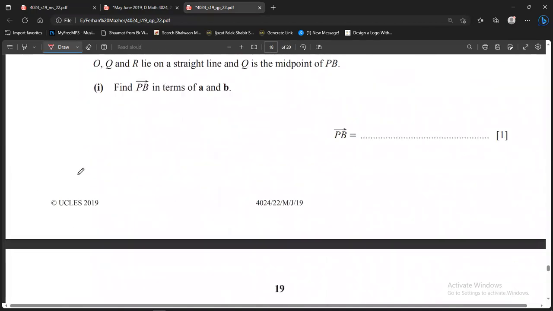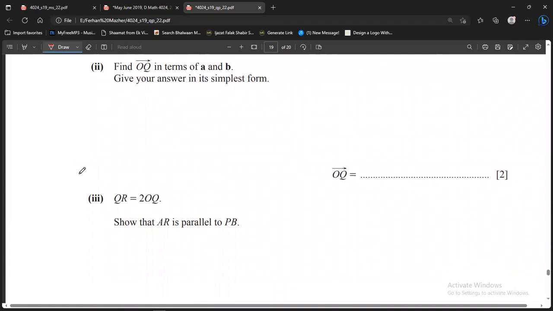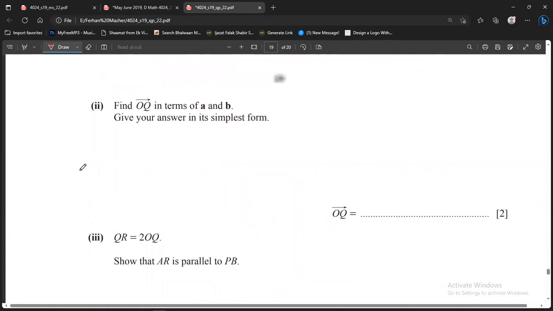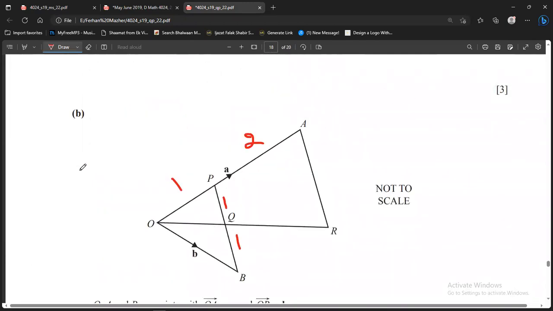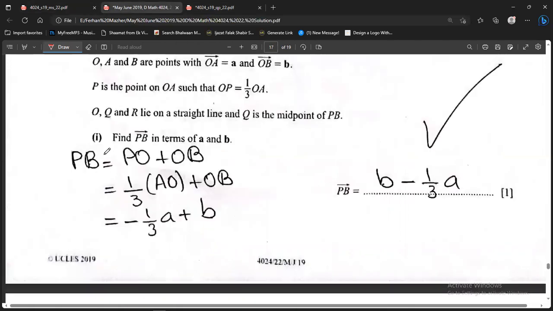Then the next part is find OQ in terms of A and B. Give your answer in simplest form. He wants me to find OQ. If you want to go from O to Q, you will go from O to P, from P to Q. And PQ will be 1 by 2 of the PB, because Q is the midpoint of the PB.